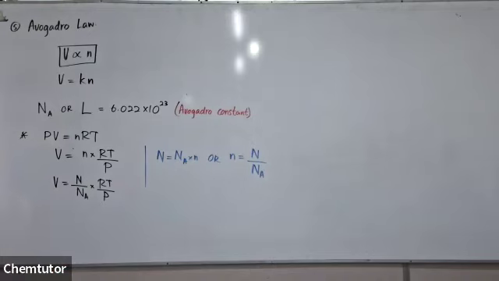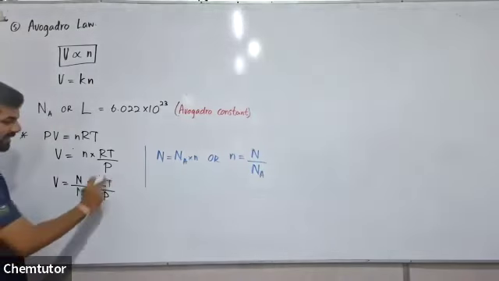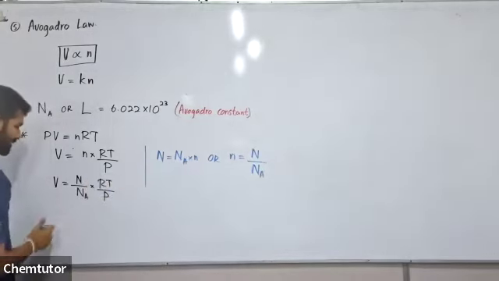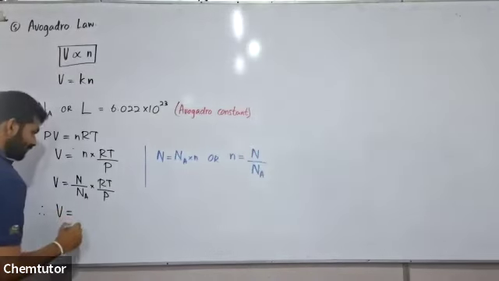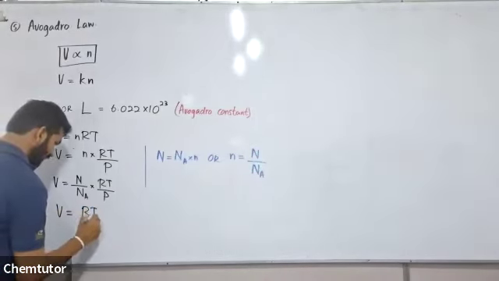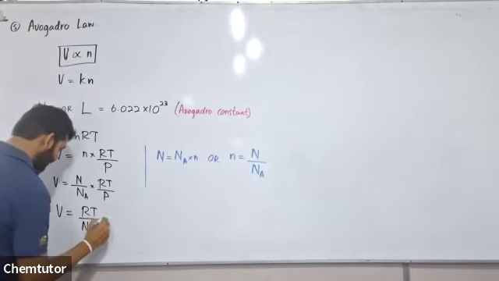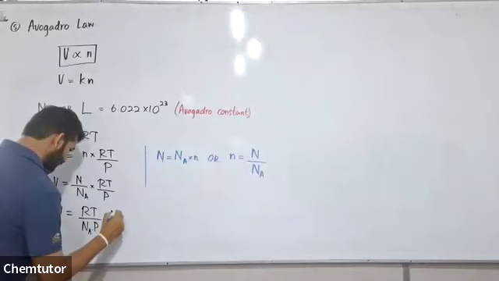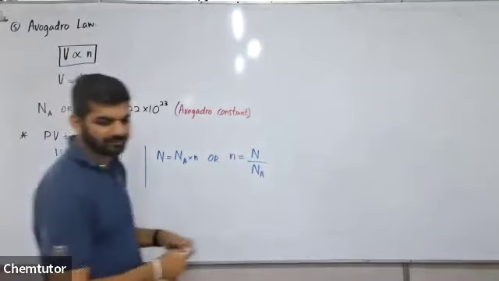Is it clear? Then Avogadro constant is also a constant, and all these R, T and P are constants. Therefore, we can say that V equals RT over Na times P into capital N, that is number of molecules. All right.